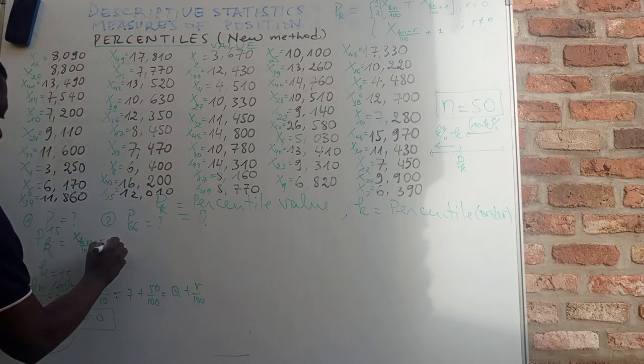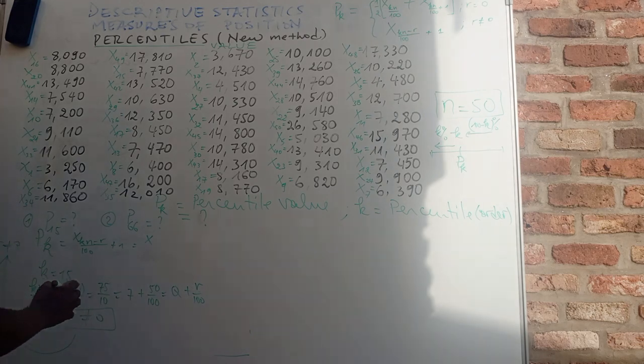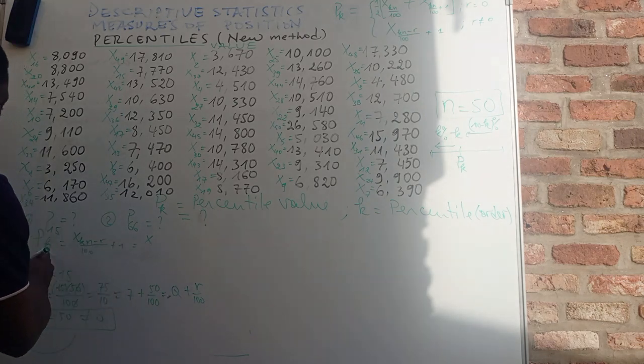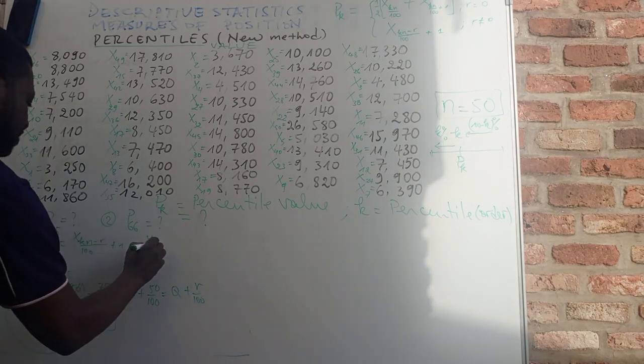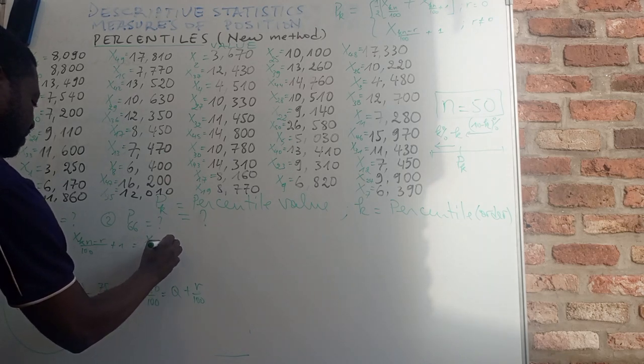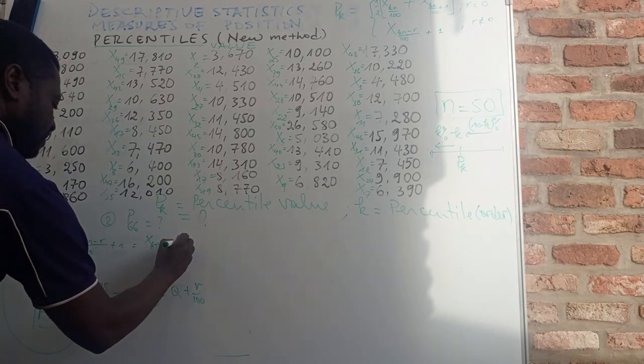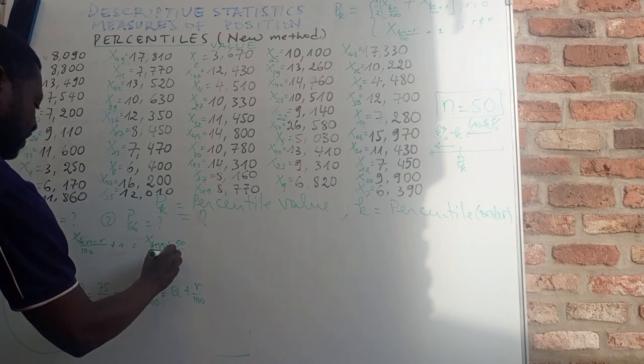Now plus 1, so this is equal to x. Now let us substitute. We are looking for p15. k is equal to 15 times n, which is 50, minus r. r is 50 minus 50 over 100.